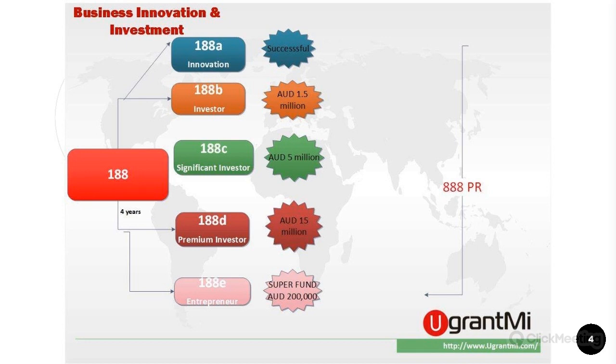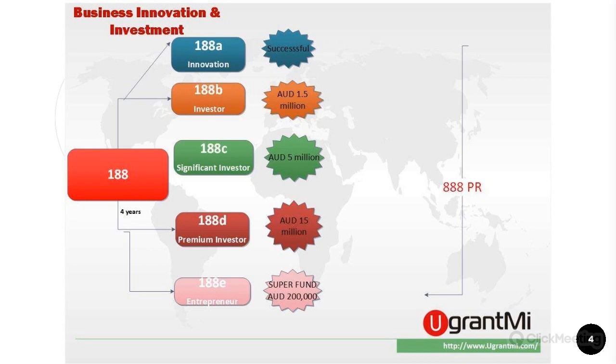So overall, I'll give you a really quick summary. We have 5 types of Australian business visa, one under the 188 stream. The 188 visa is a temporary visa. Once a visa is approved, it can be approved for 4 years plus 3 months. Some visas you need to wait 4 years, such as the significant investor visa.